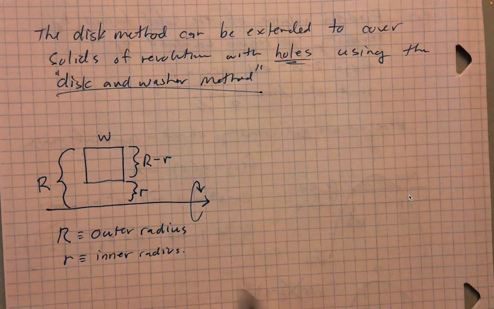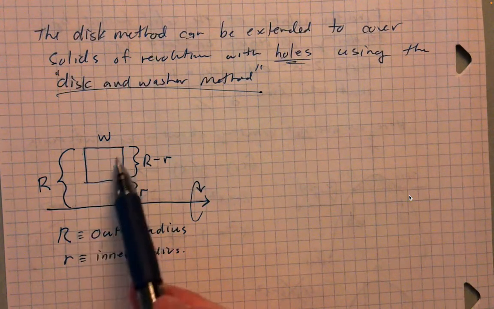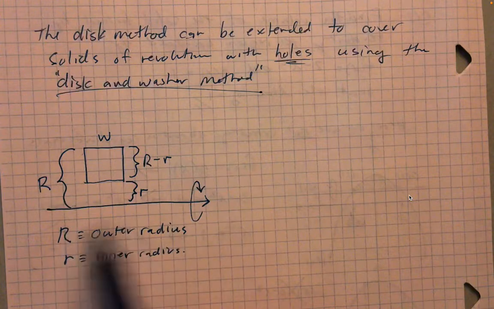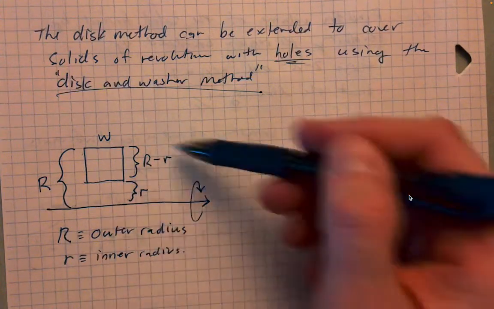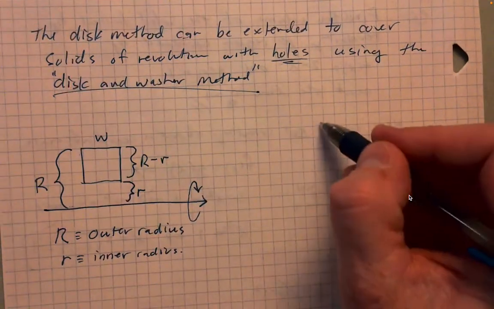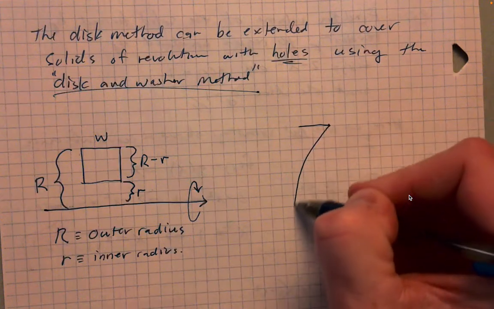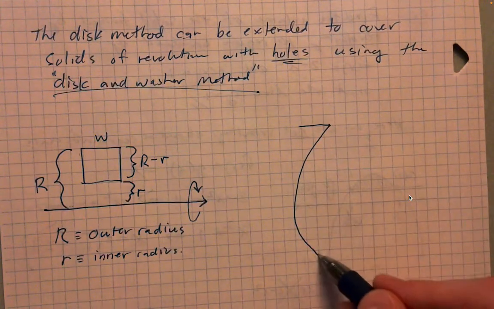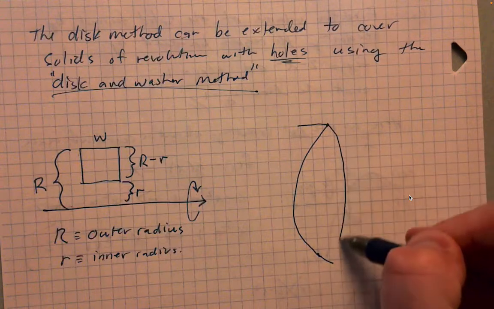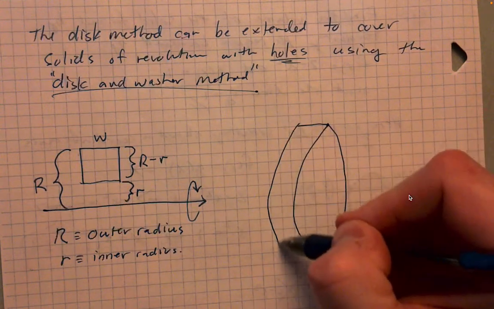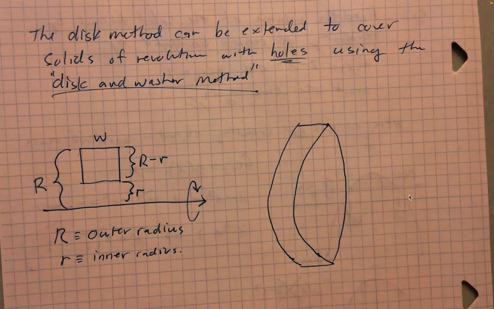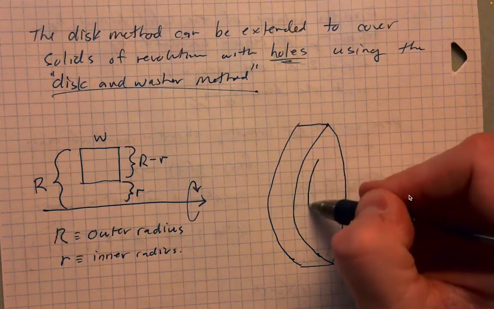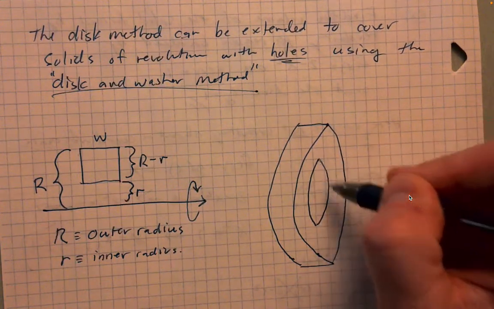Now what's going to happen if I were to spin this rectangle around the x-axis, if I were to start rotating this whole construction? Well, what you'd end up with is something that looks similar to this, not exactly like this necessarily. All right, so you'd have kind of the disk just like before, but then you'd also have kind of a cutout here in the middle, wouldn't you?